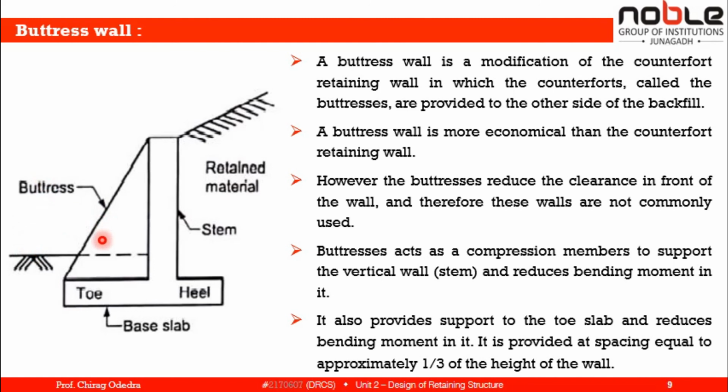So here we can't use this land. So this type of retaining wall is not commonly used, but it reduces the bending moment in the toe slab also, and in the vertical stem also. And the spacing of these buttresses is the same as counterforts, that is 1 by 3 of the height of the retaining wall.